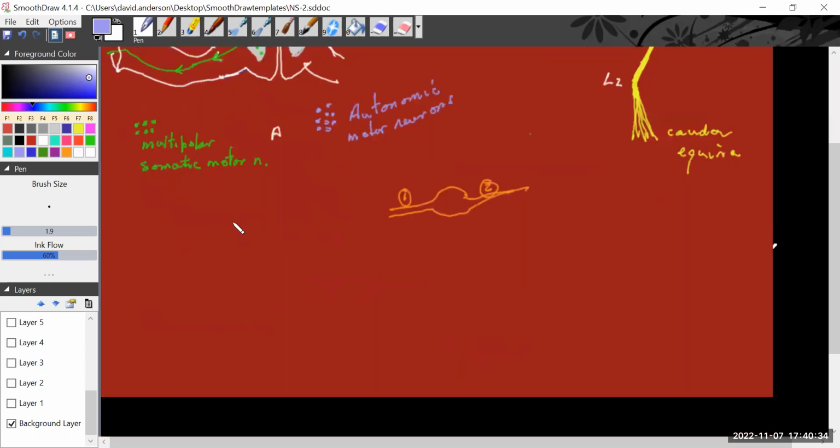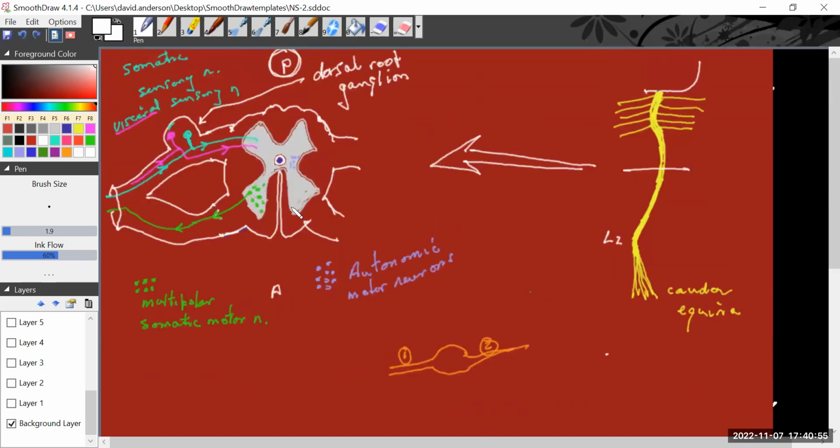Does that make sense? Yes. Okay. Which one is for the multipolar somatic motor neurons? The ventral root is how the axons from those neurons leave to target skeletal muscle. I color-coded it for you.